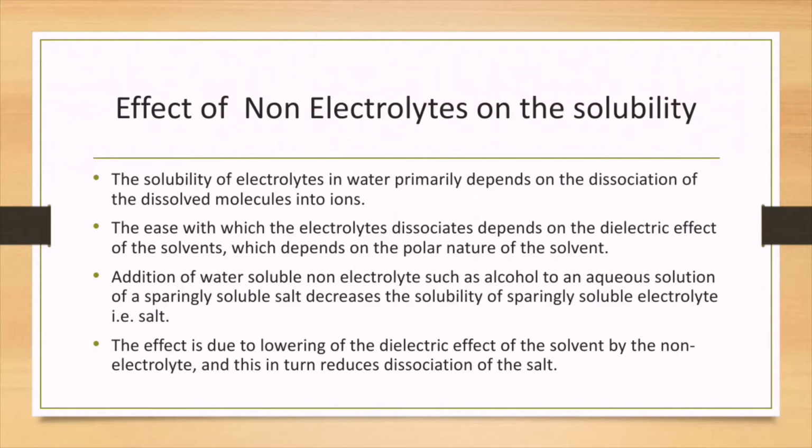So here the effect is due to the lowering of the dielectric constant of the solvent by the non-electrolyte, which in turn reduces the dissociation of the salt. From this we can conclude that for a polar solvent, the higher the dielectric constant, the higher the solubility of a particular solute in the solvent.